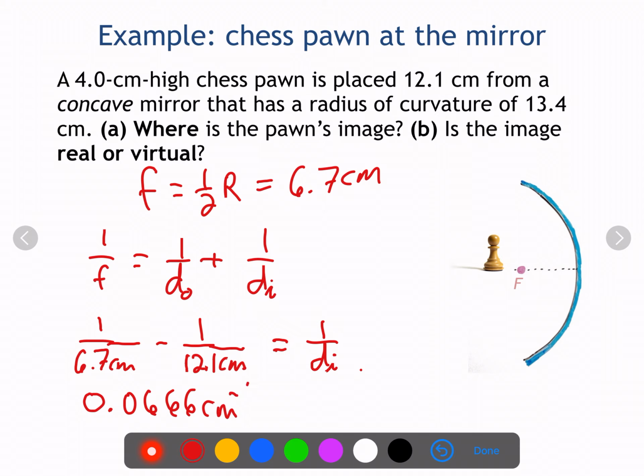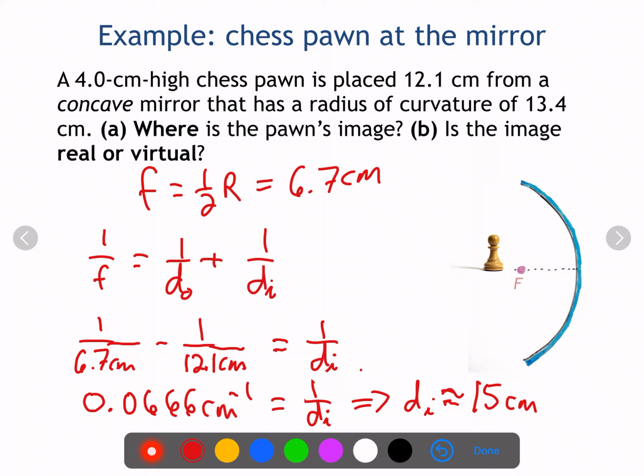And I'm being careful to note that the unit centimeters is in the denominator. That's why I have a -1 here. That's going to help remind me that I still need to take 1 over that in order to find the distance to the image. And so when I take 1 over that value, I will find that the distance to the image is approximately 15 centimeters.